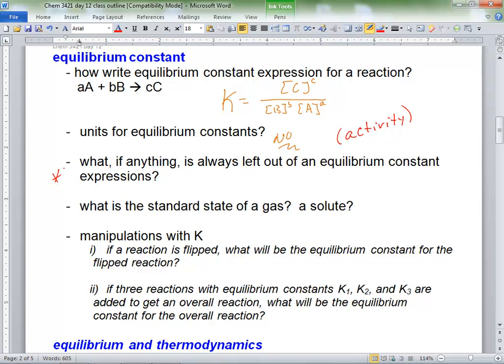What, if anything, is always left out of an equilibrium constant expression? So this is an equilibrium constant expression. This is the chemical equation. What do you leave out of an equilibrium constant expression, Alyssa? Solids and liquids.